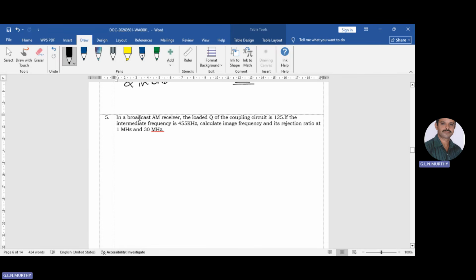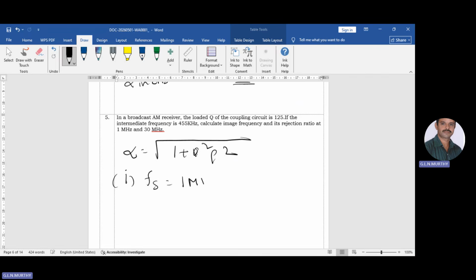Now this case is an AM receiver. Everything is the same, the only difference is for AM, so the expressions are the same. Alpha equals root of 1 plus Q square rho square. Case 1, message frequency Fs is 1 megahertz.